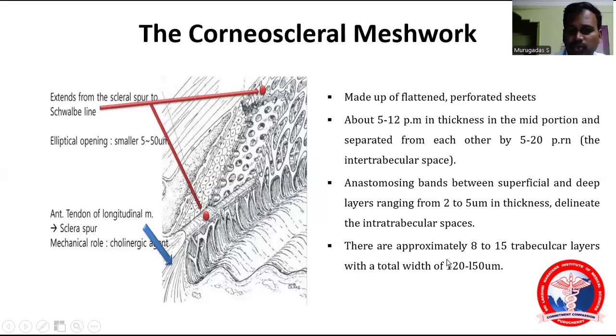There are approximately 8 to 10 trabecular layers with a total width of 120 to 150 micrometers.